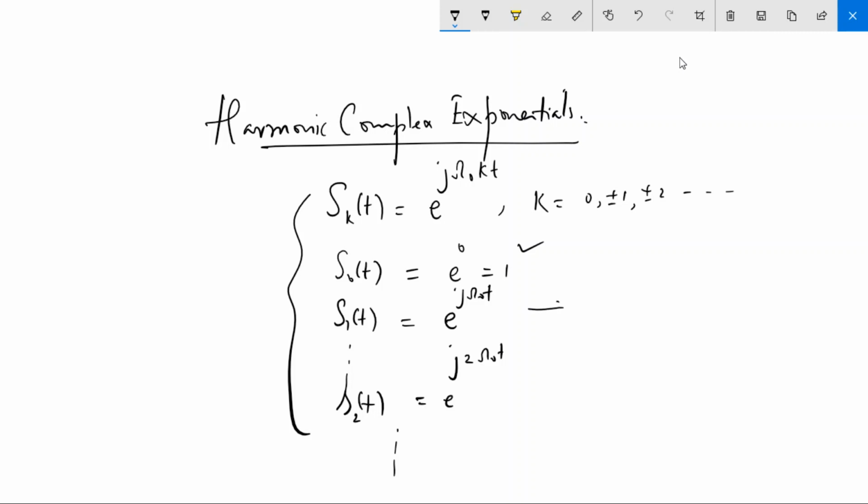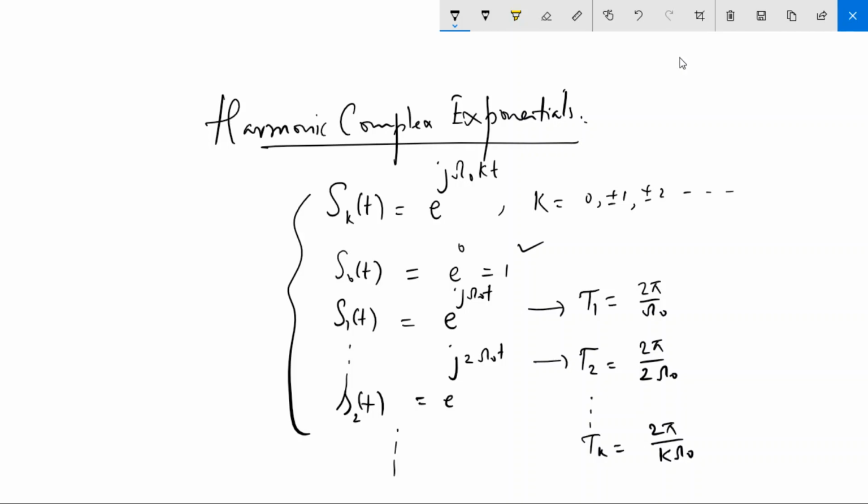Now this signal has a time period T1, which is 2 pi by omega naught. This signal has a time period T2, which is 2 pi by 2 omega naught. Then similarly s_3(t) will have a time period 2 pi by 3 omega naught, and so on. In general, the kth component will have a time period of 2 pi by k times omega naught.